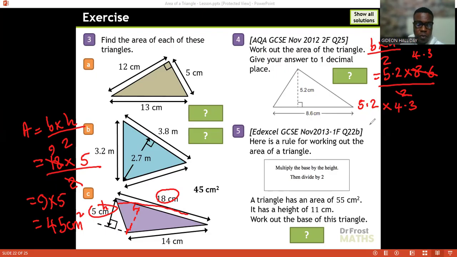It's easy to do, but for our time, 5.2 times 4.3 gives us 22.36. Then to one decimal place, that would be approximately 22.4 centimeters squared, right?